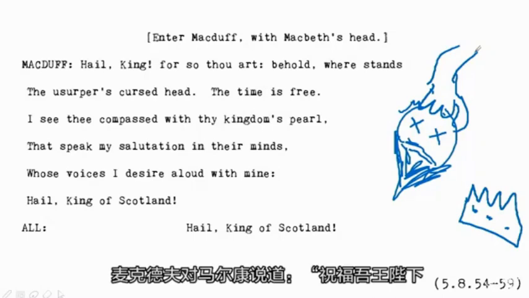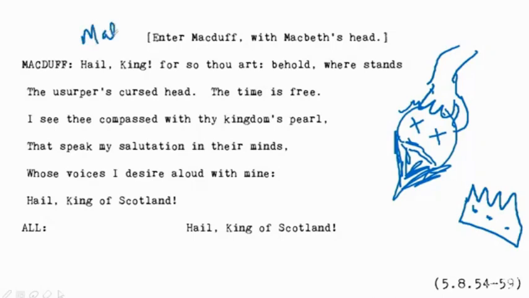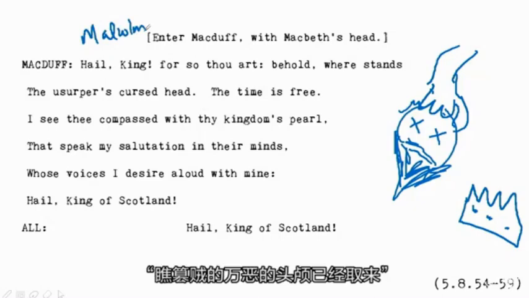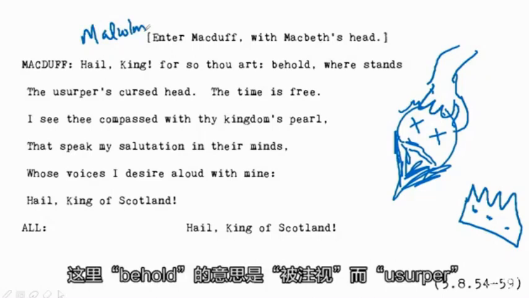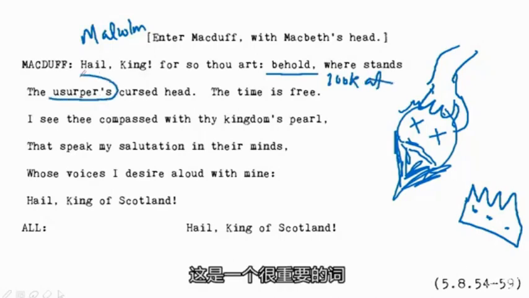Okay? And Macduff says to Malcolm, hail king. And he's speaking to Malcolm. Hail king, for so thou art. Behold, where stands the usurper's cursed head. So behold means look at. And the usurper, this is a really important word.